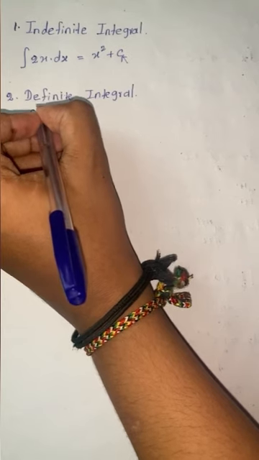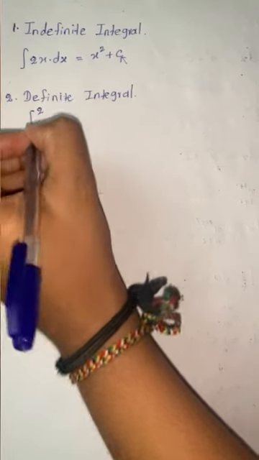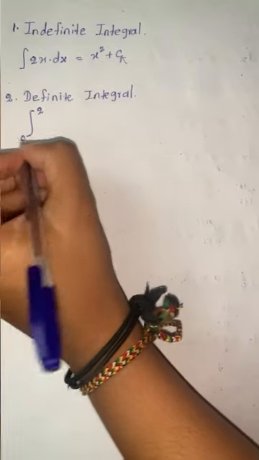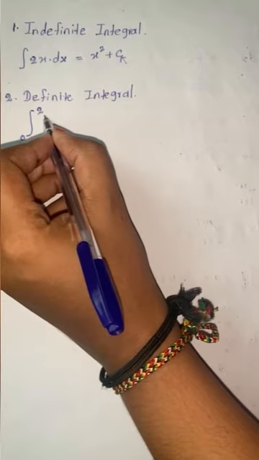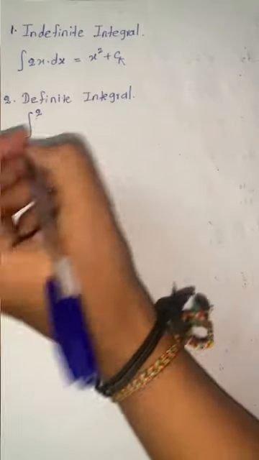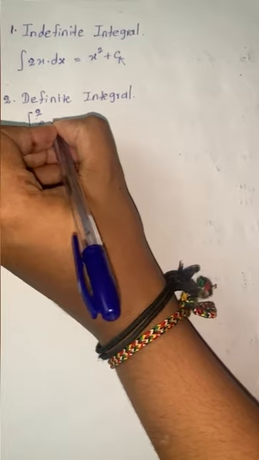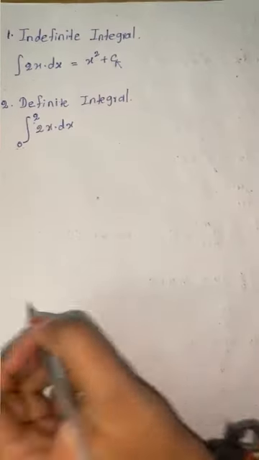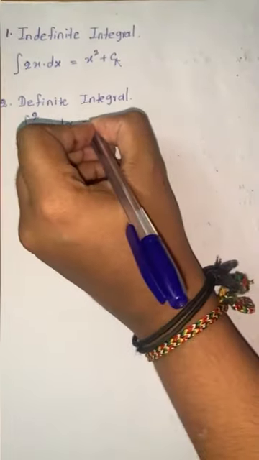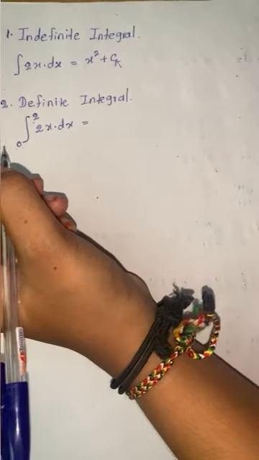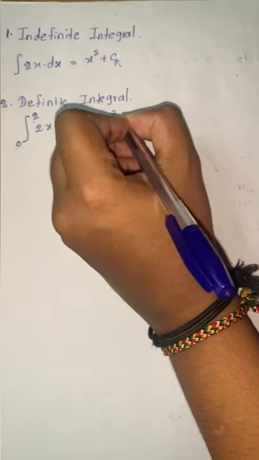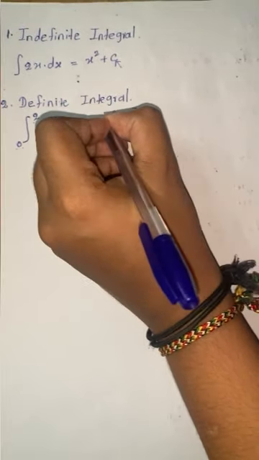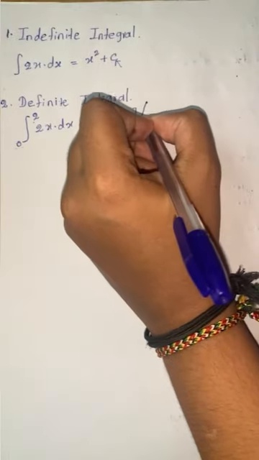We write the lower value below and the upper value above the integration sign. So the integral of 2x with respect to x. We know the answer of 2x is x to the power 2 plus c, and we have to note the 2 points, 2 and 0.